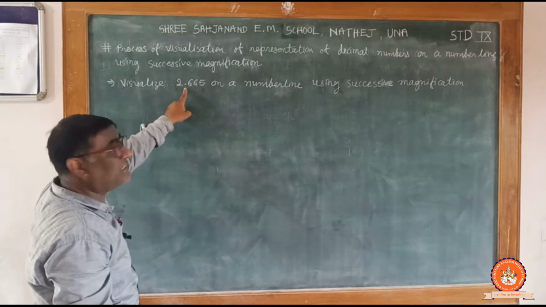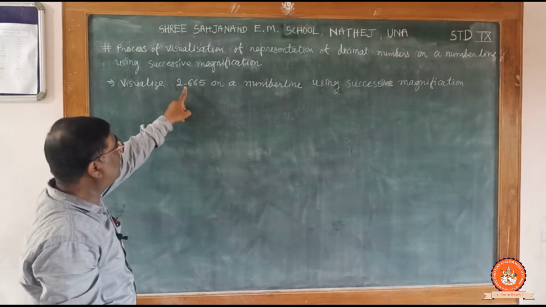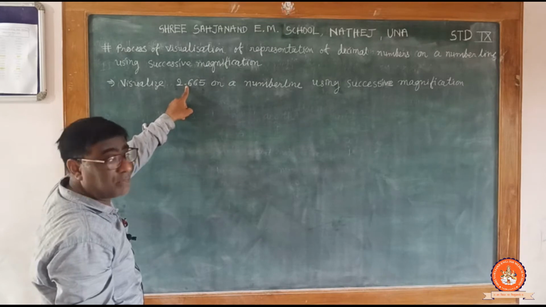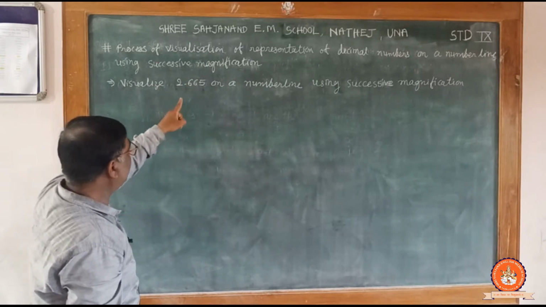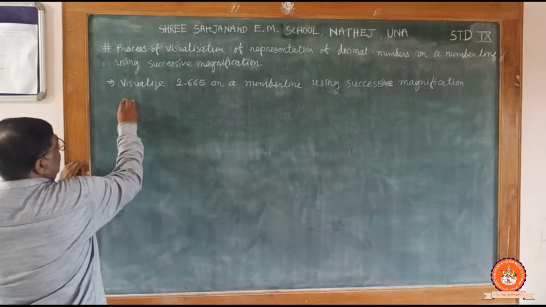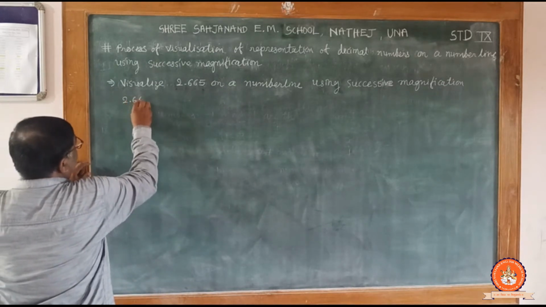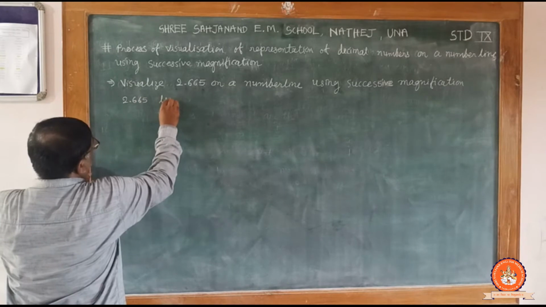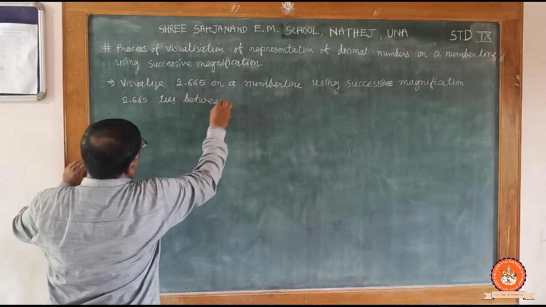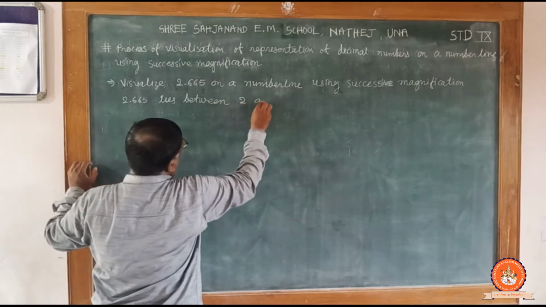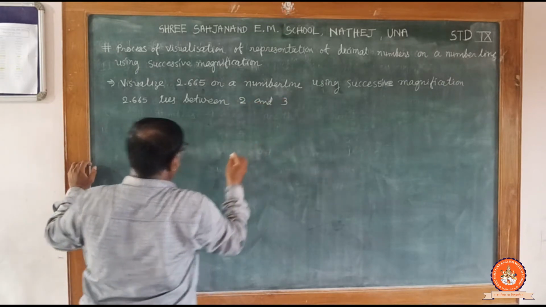2.665. How many digits are there after the decimal point? There are 3 digits. So we know that 2.665 lies between 2 and 3.